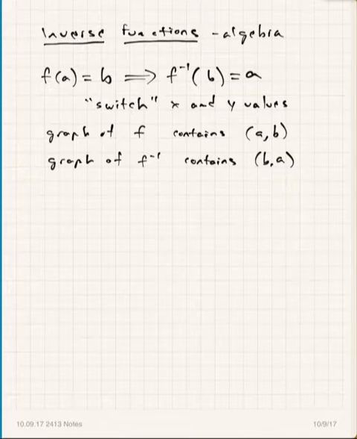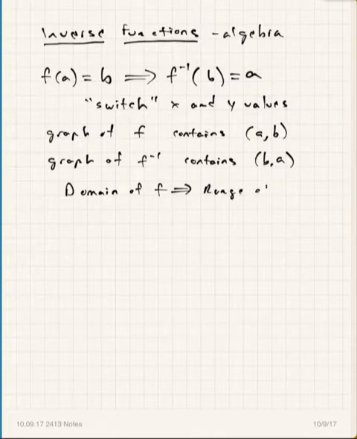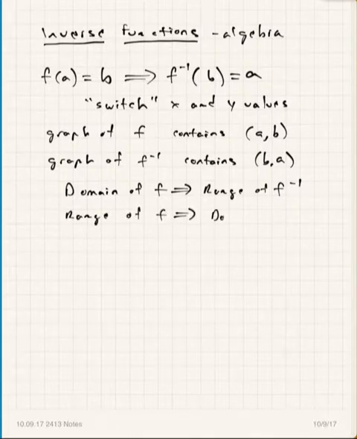And because they interchange x and y values, the implication there is that the domain of f becomes the range of f inverse, and the range of f becomes the domain of f inverse. Right, so they interchange domains and ranges.